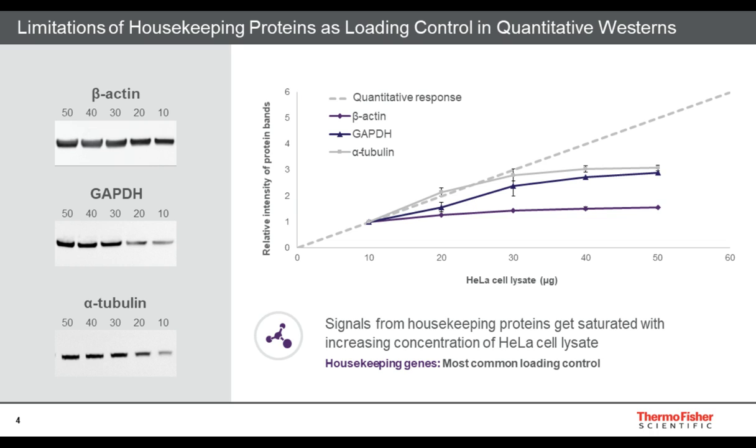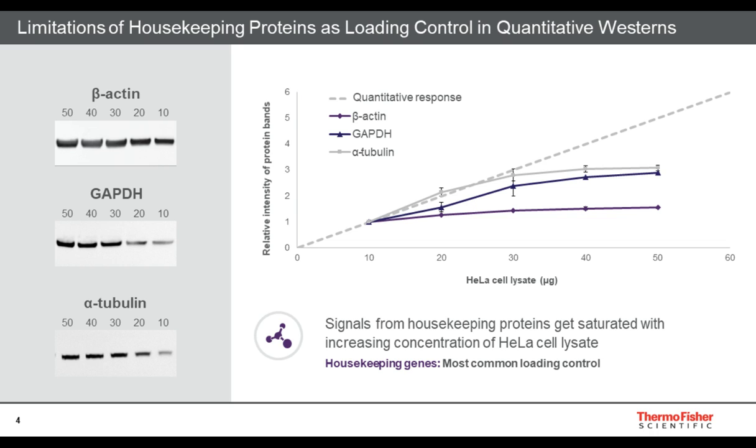This slide demonstrates one of the biggest issues with using housekeeping proteins as loading controls in quantitative Western blotting. In this particular experiment, HeLa cell lysate was loaded with increasing concentrations from 10 microgram to 50 microgram. The lysate was transferred onto a membrane and probed with some of the most commonly used housekeeping proteins: beta-actin, GAPDH, and alpha-tubulin.